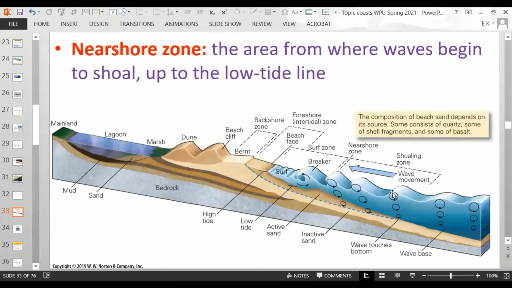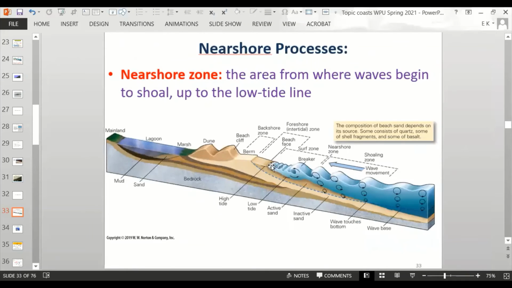Again, that's where your waves are getting interrupted by the seafloor, and the base of these waves start to slow down while the top is still moving forward, right? This is your shoaling area. And your low tide zone is right here. Okay, so it's not at the shore, it's near the shore.